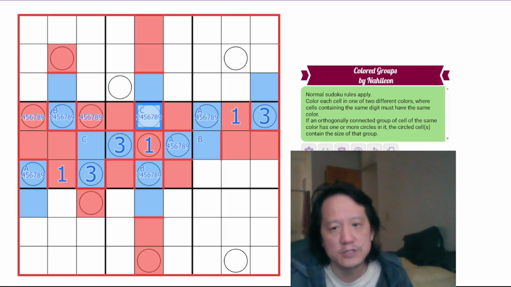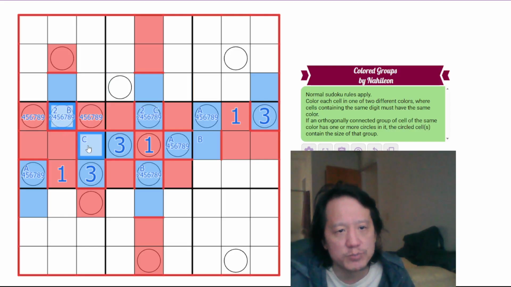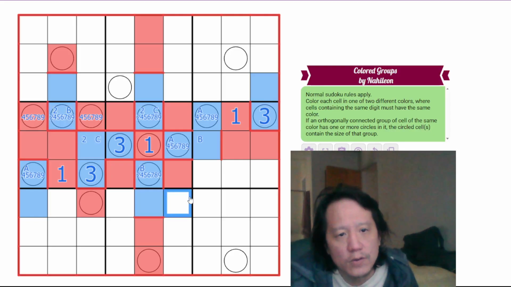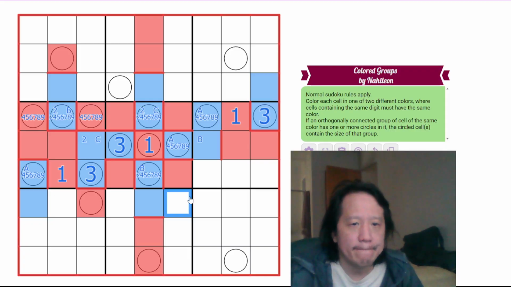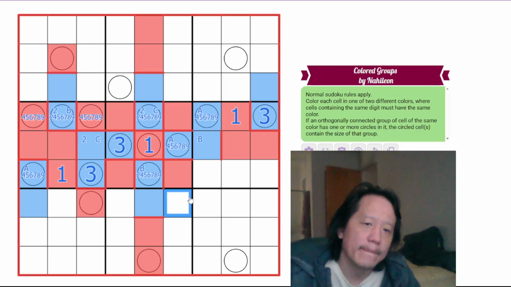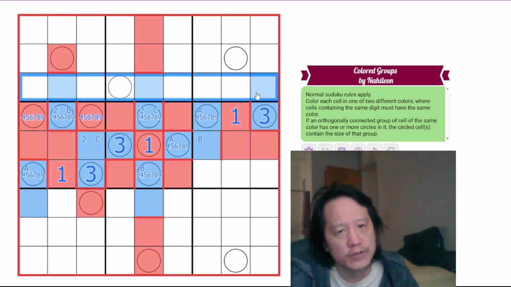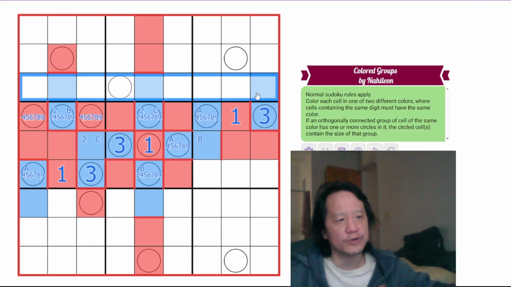So you're guaranteed this has to be a 2, which means one of these is 2 here. The other one has to go out and then up here, because we have 3 blues already in row 3.